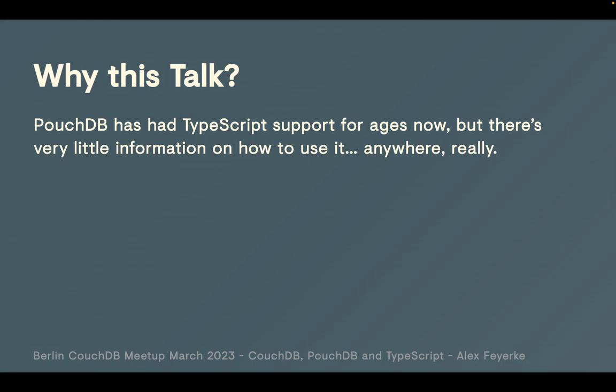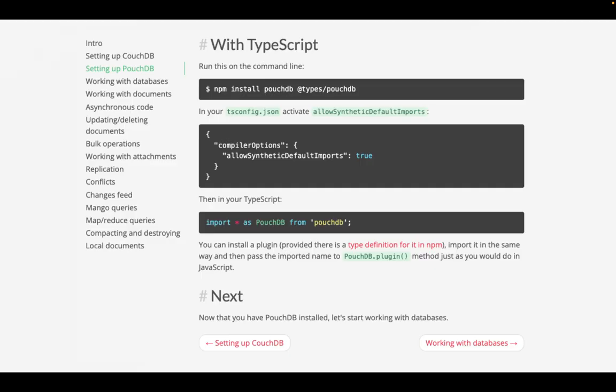Alright, so on the PouchDB website, there are some instructions on how to set up TypeScript, and it covers installing the types and adding something to the TypeScript JSON, and then how to import PouchDB, and that's about it. So if that's all there is, let's just try it out.